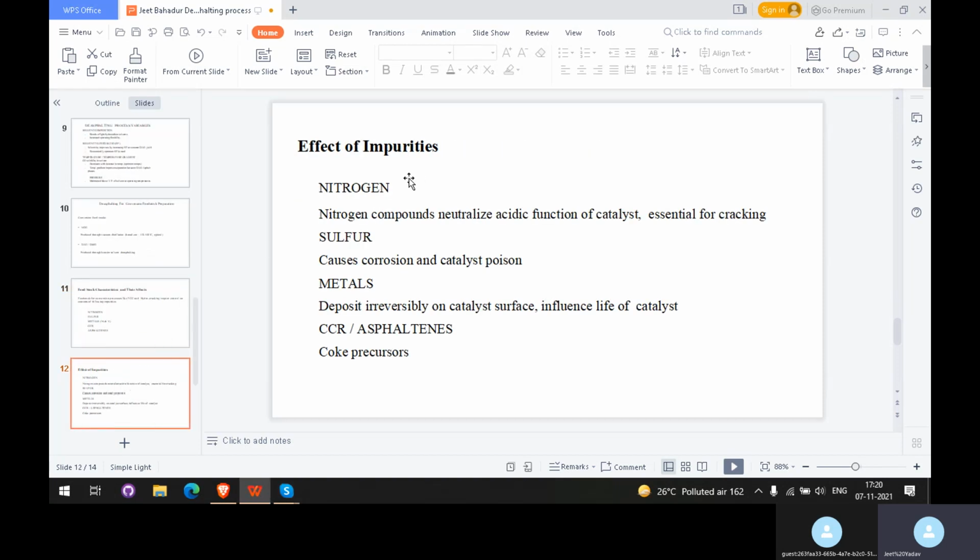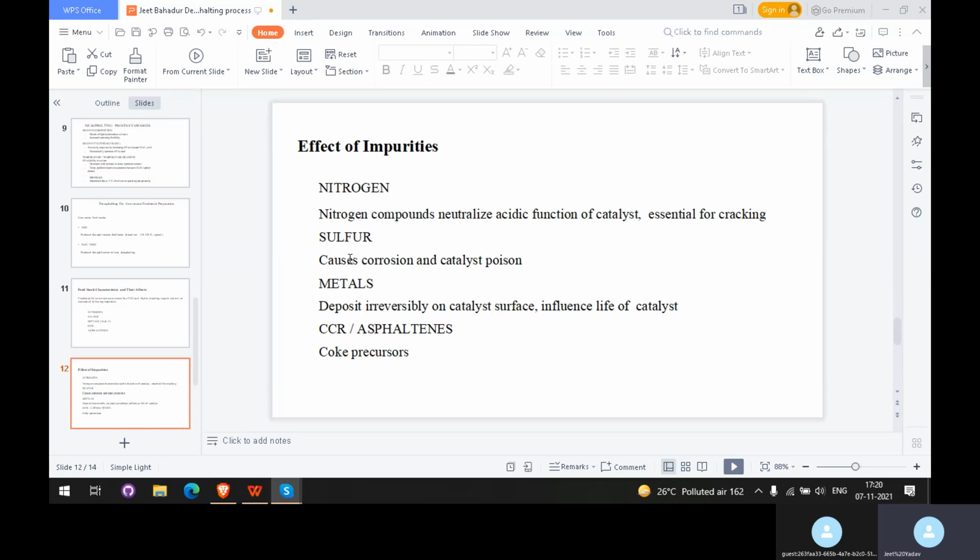Now we discuss the effects of these impurities, starting with the nitrogen compounds. They neutralize the acidic function of the catalyst, which is essential for cracking. That is the main part, because the catalyst function is the main thing in cracking, so we have to take care that nitrogen is not present as an impurity in the oil.